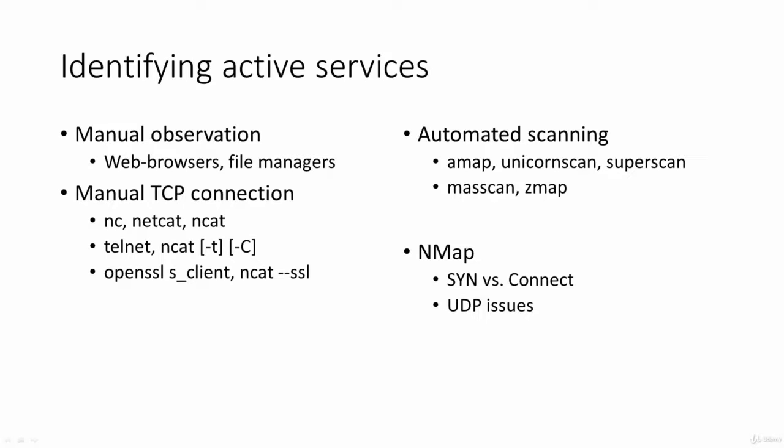Okay, so there are useful UDP services for penetration testing. SNMP, for example, is very important. It provides you a lot of information about the scope, and it can be exploited in different ways.